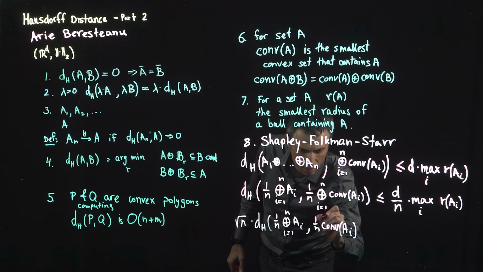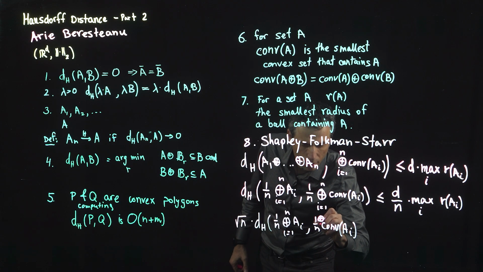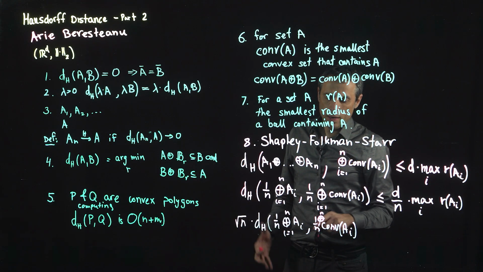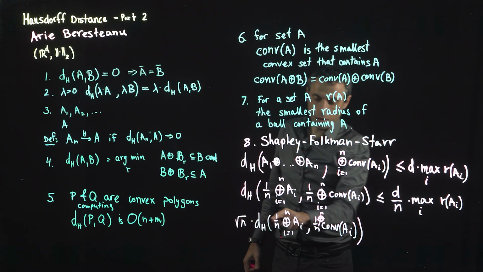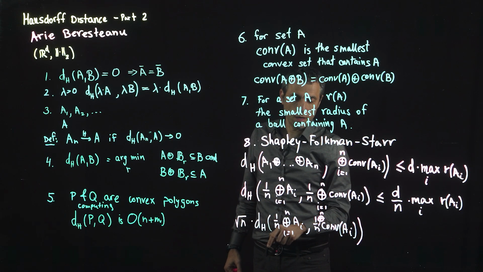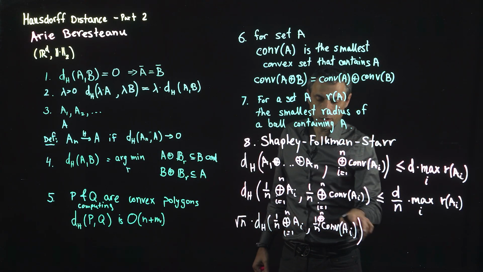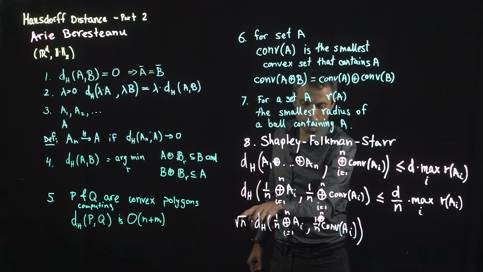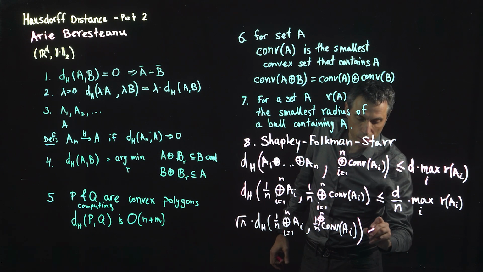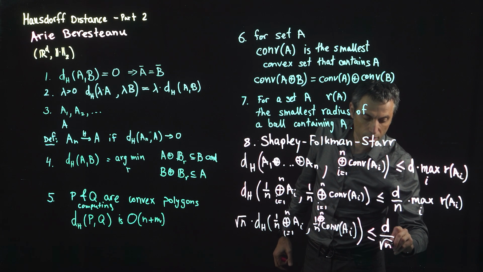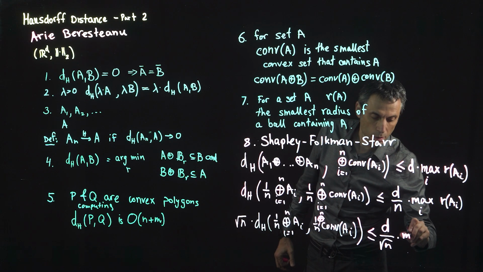And here I need the summation, so you will add here the summation from 1 to n of the convex sets. Okay, and since I multiply both sets by the same constant, and I'm multiplying from the outside, this is still less than d over square root of n times the maximal radius.